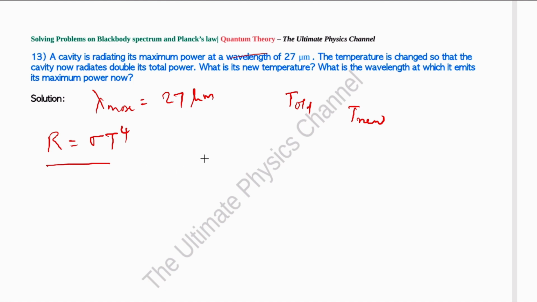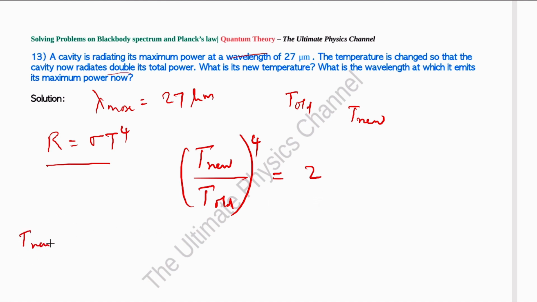So if you take the ratio of T new power 4 to T old power 4, that is the power radiated, and on the right hand side it is double the power, so the ratio is 2. So T new power 4 is equal to T old power 4 times 2.